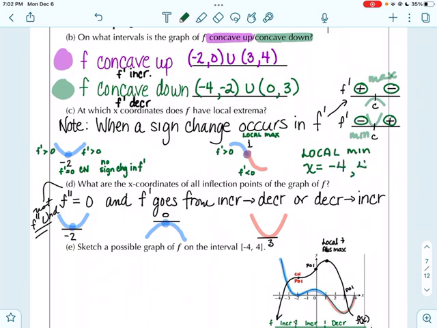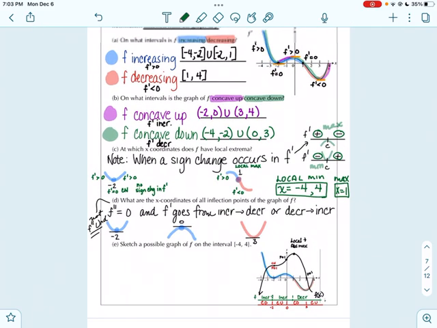Now, we don't have a graph of this. So here we have local minima at -4 and 4 in addition to the local max at 1. So I guess we should say that local max here is at x equal to 1. And that would be all of the local extrema.